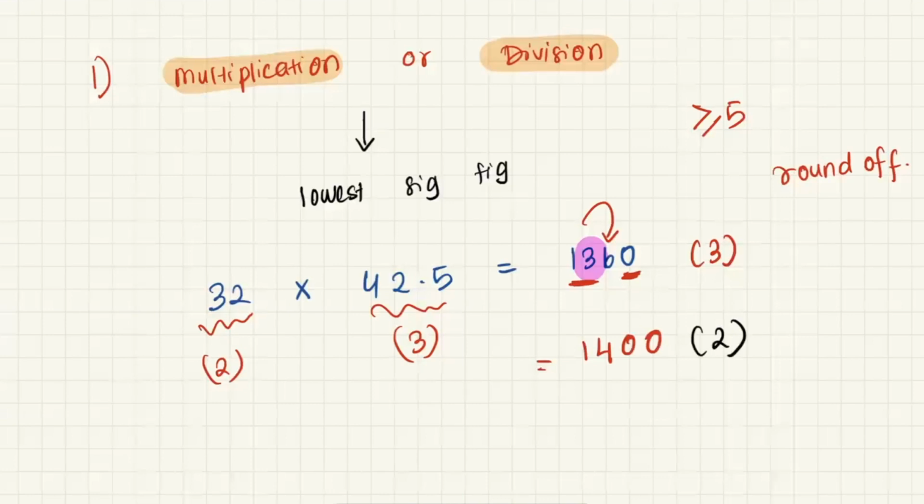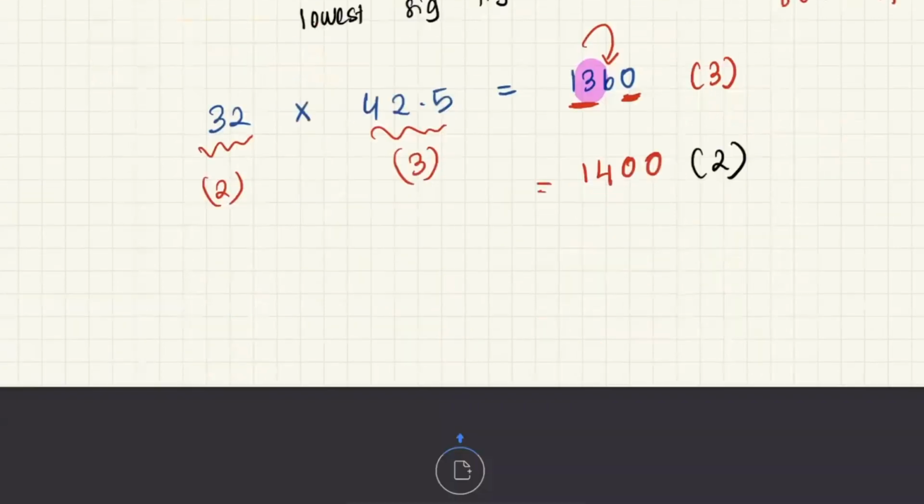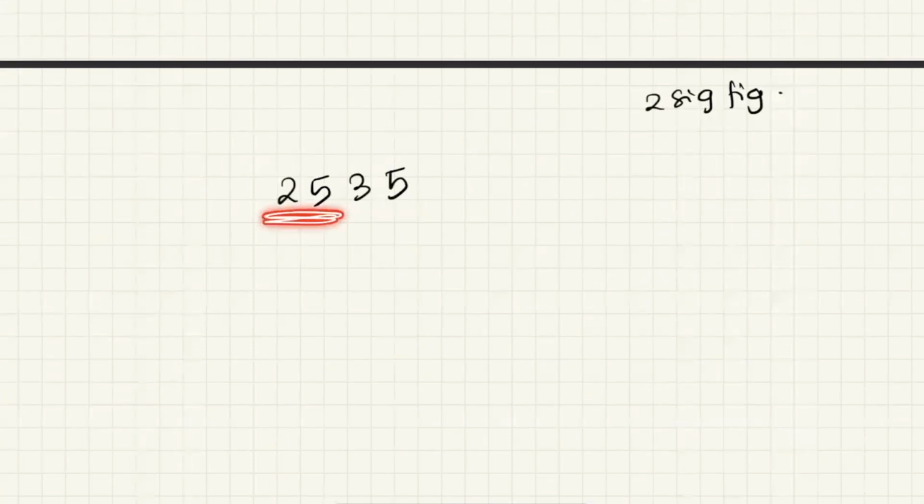Okay, let me repeat the rounding off, okay? So whenever you want to round off, let's say you have this number and you want to round off to 2 sig fig, right? So you know that to have 2 sig fig, I need to stay here, right?